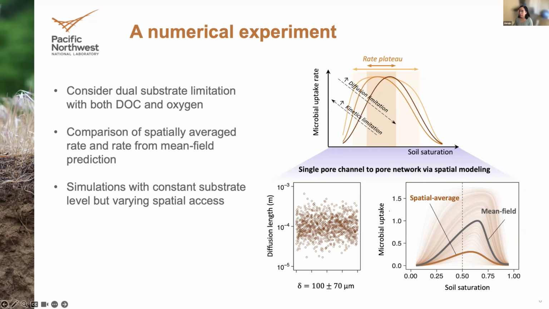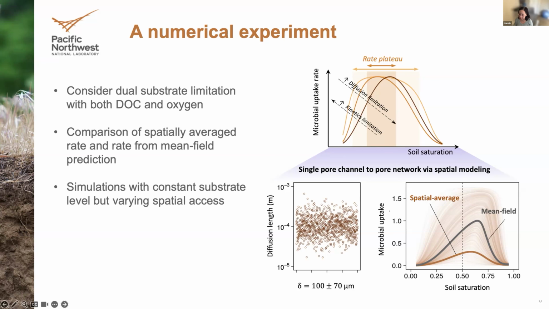The nice conclusion of this exercise is that soils are inherently heterogeneous. If we think about doing a true spatially averaged reaction rate estimation, it's always going to be different from the mean-field prediction, meaning just using the mean diffusion length and the mean moisture condition to make the prediction. That's the bulk-based prediction we usually make.